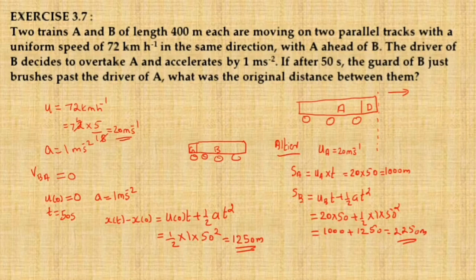This much distance is traveled by the train B, correct? Now what is the original distance? Now we can calculate SB minus SA, that is equal to 2250 minus 1000, which is equal to 1250 meter. It is the distance between them. That is, what was the original distance between them? So the answer is 1250 meter. Hope you understood this one.